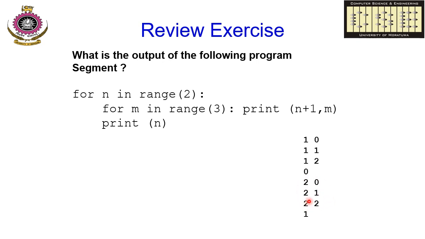And once those 3 iterations are done, this print statement will also get executed and it will print 1. And the program will stop there because the range is only going up to 2, so the sequence will be 0 and 1. That's how this program behaves, and that is the output this program generates. You can check your answers if you have written them down.